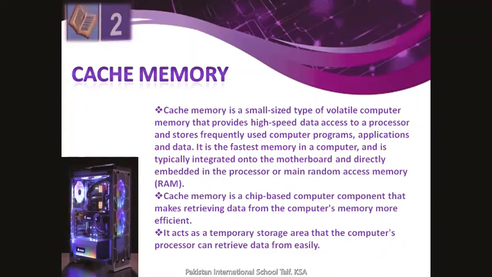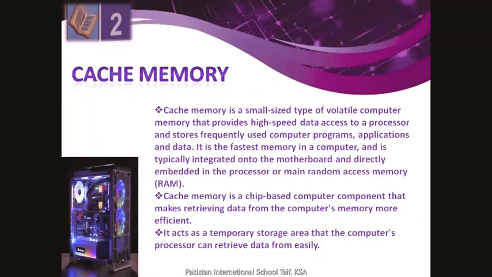Basically, cache memory is used between the RAM and CPU. Sometimes the CPU needs to retrieve instructions quickly. So cache memory is a small, high-speed memory between the CPU and the main memory, and it is used to retrieve the instruction and data quickly for the CPU.